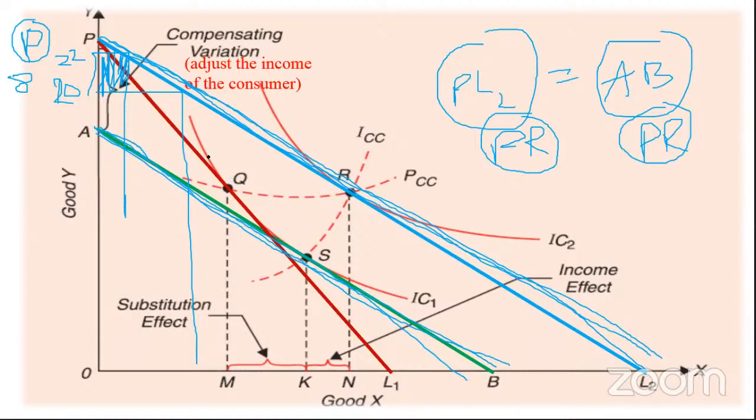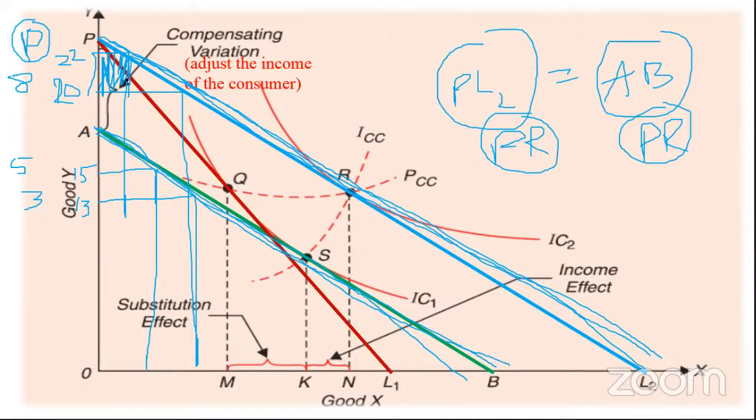Here also, when the price is 5 rupees, he is purchasing 15 units. The price further falls to 3 rupees, and he is purchasing 13 units of the commodity. Here the same difference is there: the change from 13 to 15 is the same as the change from 20 to 22.